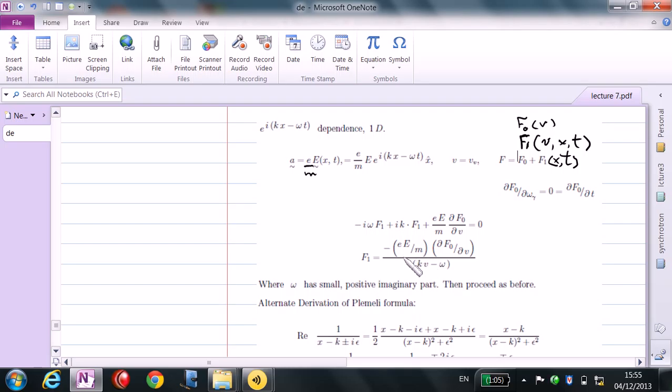Now, the next thing I want to do is find the self-consistent solution to the Vlasov equation plus Maxwell's equation. Since this is an electrostatic wave, the only Maxwell's equation that's important is Poisson's equation.